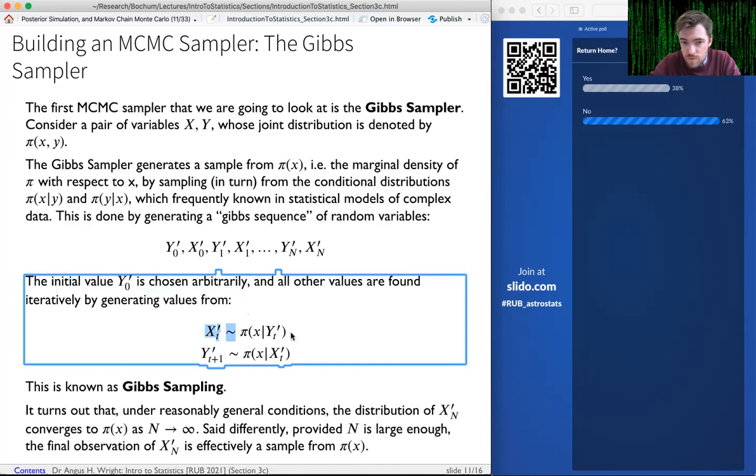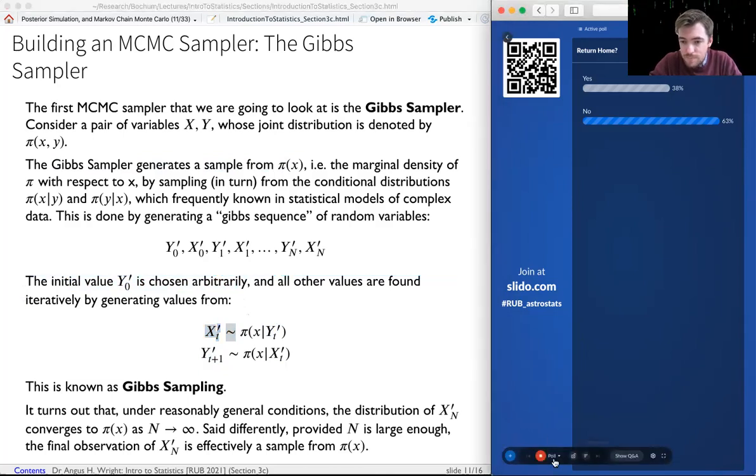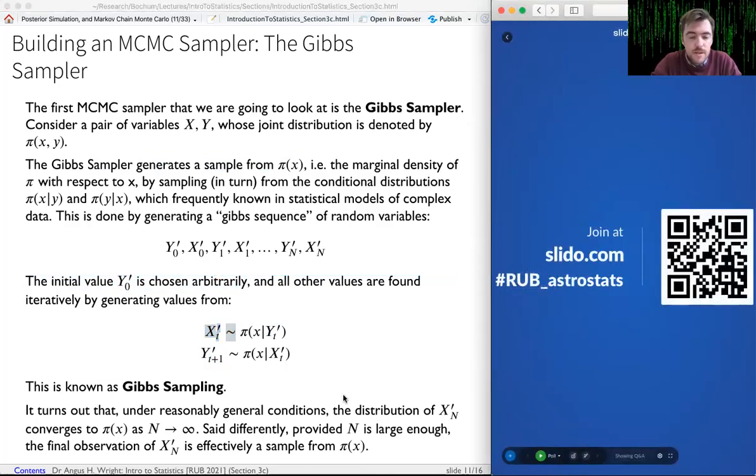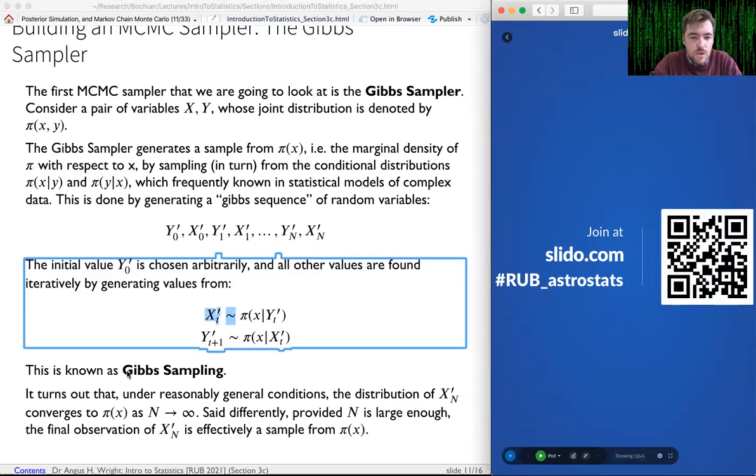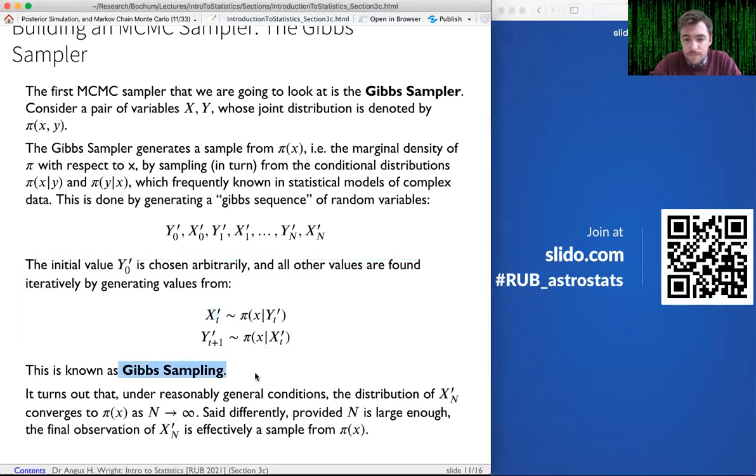So at each point, you inherit the thing from the last step. That process is called Gibbs sampling, where you generate a sequence of variables from random draws from a conditional distribution. And this is where the term Markov chain Monte Carlo comes from.